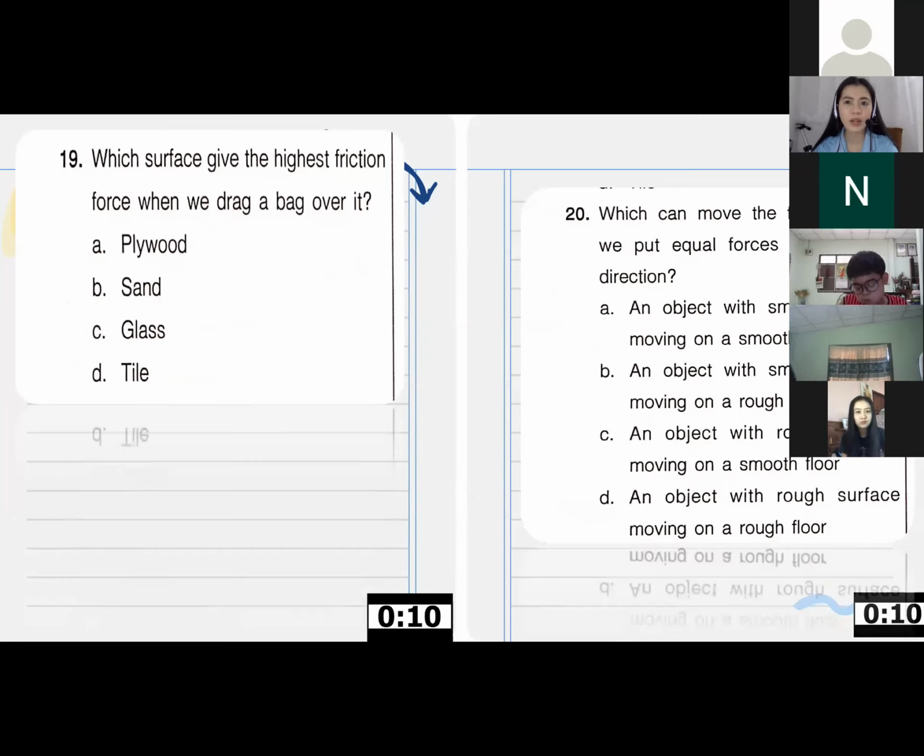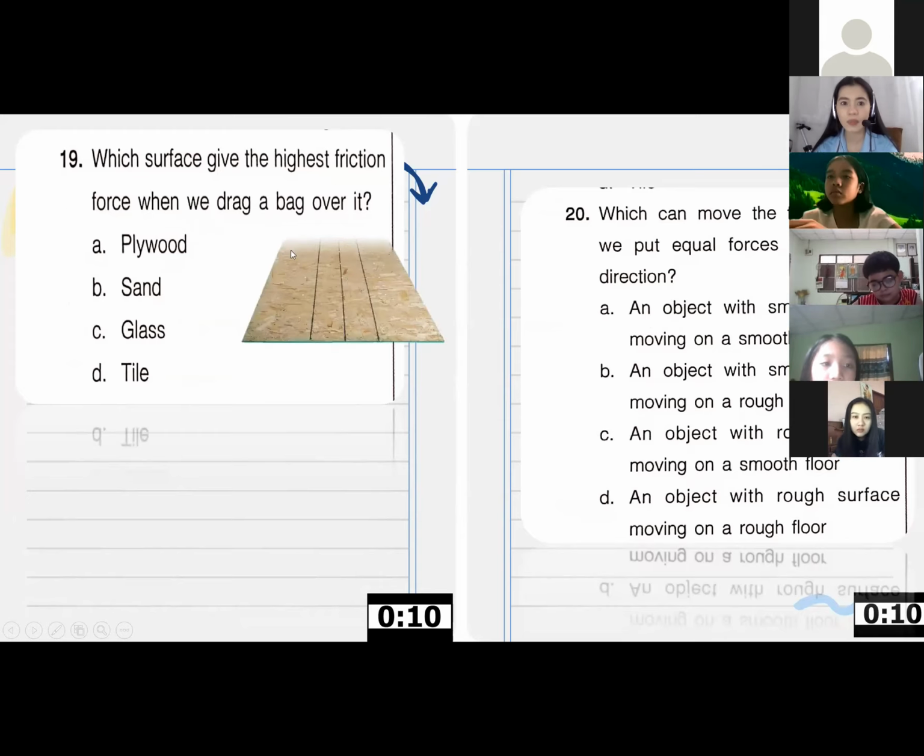Now, let's move on to number 19. Which surface gives the highest friction force when we drag a bag over it? I repeat, which surface gives the highest friction force when we drag a bag over it?